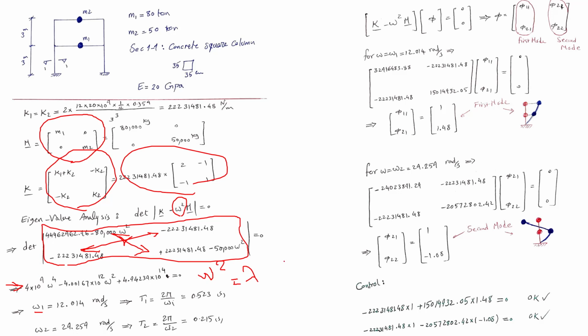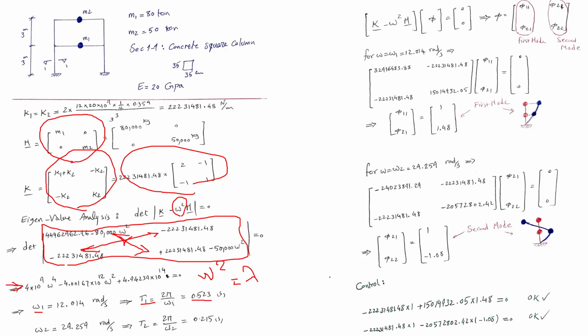Always name the smallest value as omega 1 and sort them out, and the bigger one would be omega 2. So with this trend, you can calculate T1 as well, because omega is radian per second, but T1 is in terms of seconds. It's 2 multiplied by pi divided by omega 1.